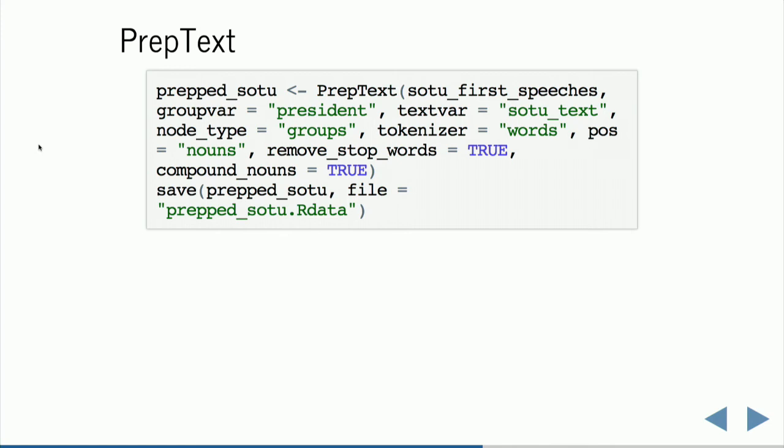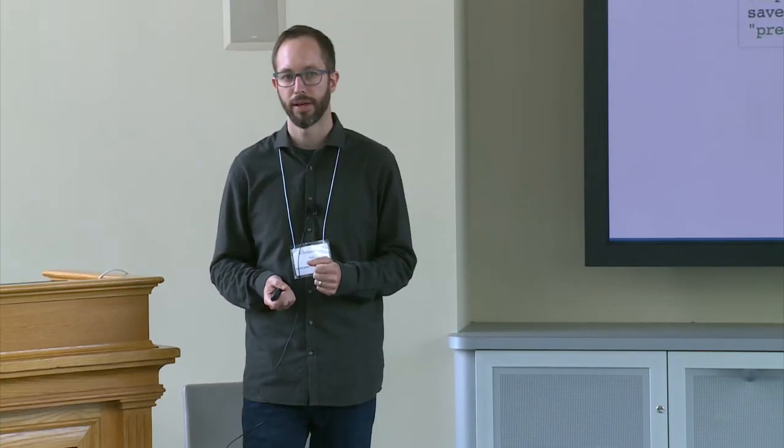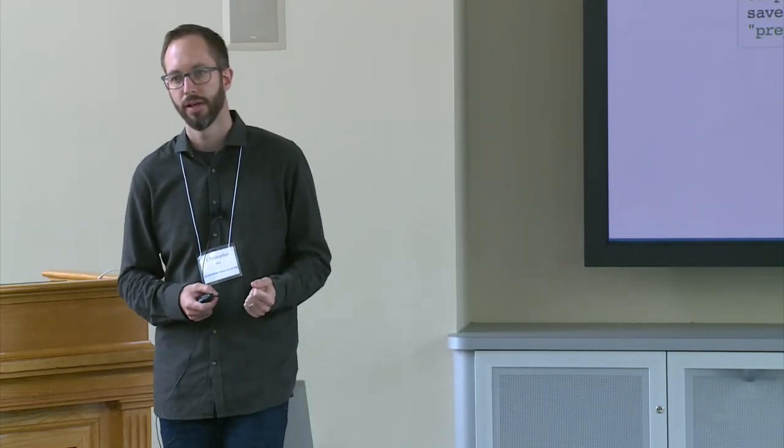What we're doing under the hood is creating a tidy text data frame where we only have nouns and noun compounds, and we don't have stop words. So you can imagine a president, a noun, a president, a noun phrase, a president, a noun, and so on and so forth.